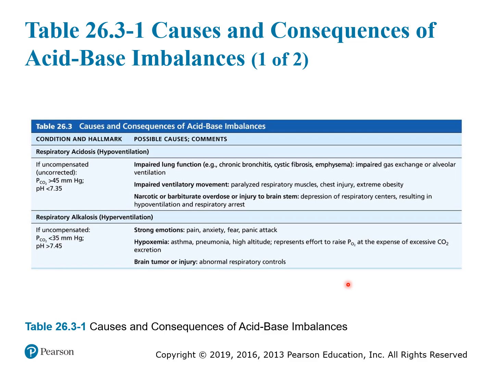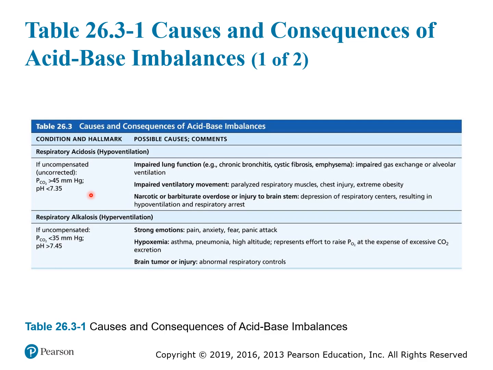Now in this table, let's go over respiratory acidosis and respiratory alkalosis. If uncompensated, we are right now discussing the simple case of respiratory acidosis, because normally when there is respiratory acidosis, the lungs are responsible for the acidosis.